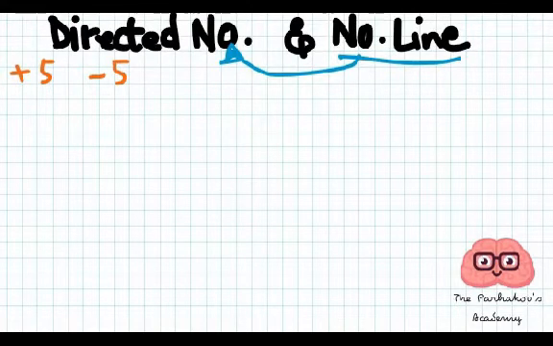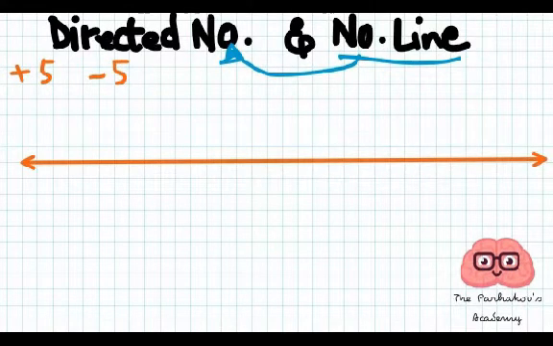Now, how is this number line drawn, let's see. A number line can be shown by such a line, which is directed. Directed means it is continuous on both sides, especially if we are dealing with infinite numbers.